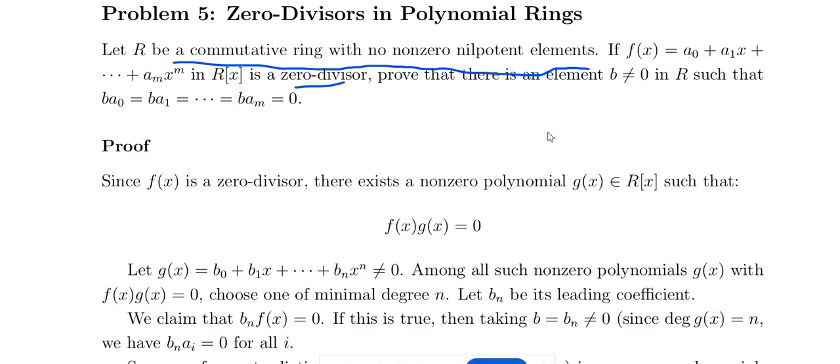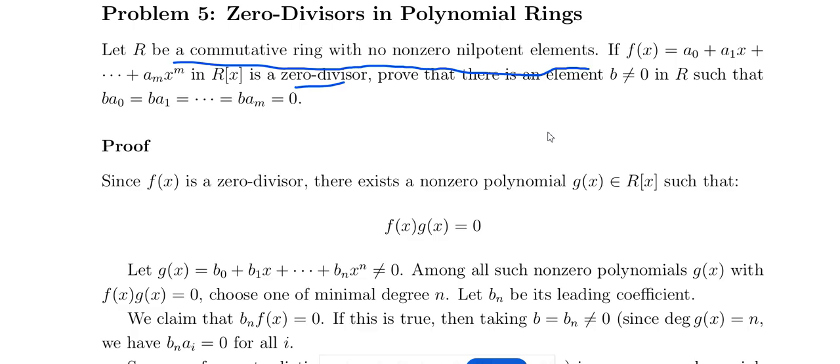So a zero divisor in the polynomial ring means there exists some polynomial in R[x] that is a zero divisor. Now, there is some non-zero element in R, and that non-zero element's product with the coefficients of the polynomial should be equal to 0.